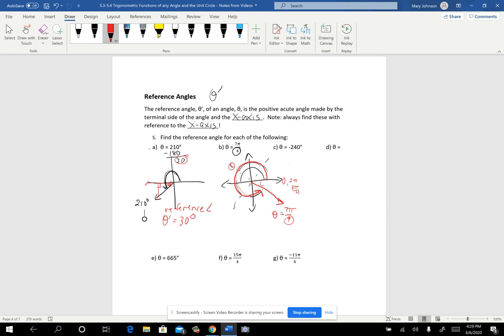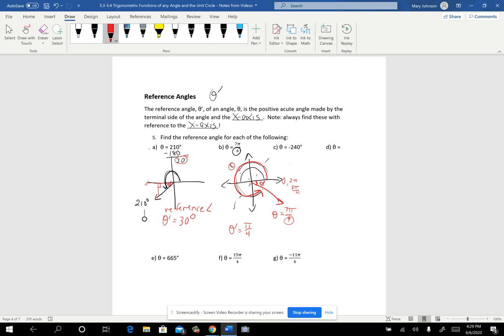Theta prime is just this little angle right here. Just how big is that amount of rotation? You see how you're 1 pi over 4 away from hitting the positive x-axis again? Theta prime is pi over 4, because you're pi over 4 away from there. That's the missing piece, okay?